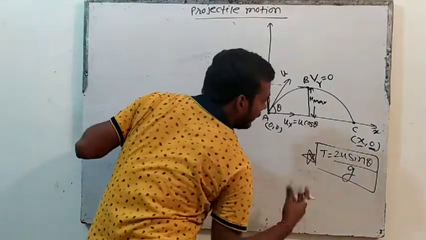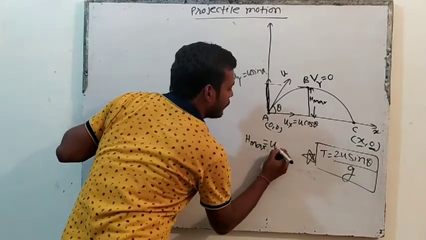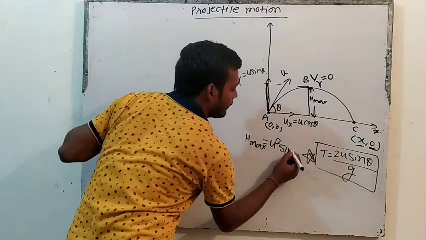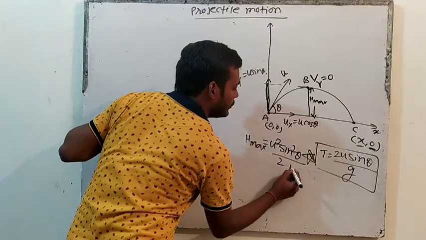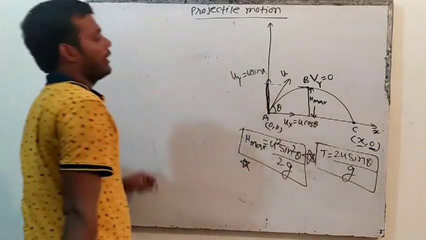I am writing it here. H max is u square sin square theta by 2g. This formula is also important and you have to memorize it.